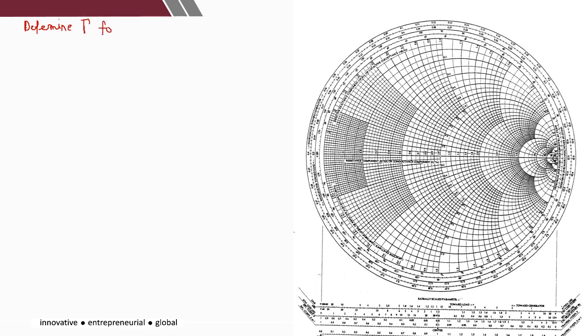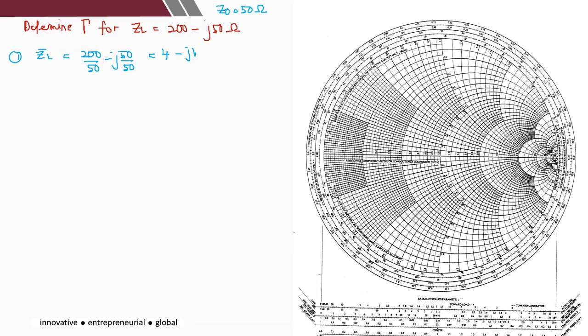Okay, let's look at an example to determine the reflection coefficient for an impedance of 200 minus J50 ohm. The first step, determine the impedance and plot it. You need to divide by Z0, so assume Z0 equal to 50 ohm. The normalized value of the impedance is 200 divided by 50 minus J50 divided by 50, equal to 4 minus J1.